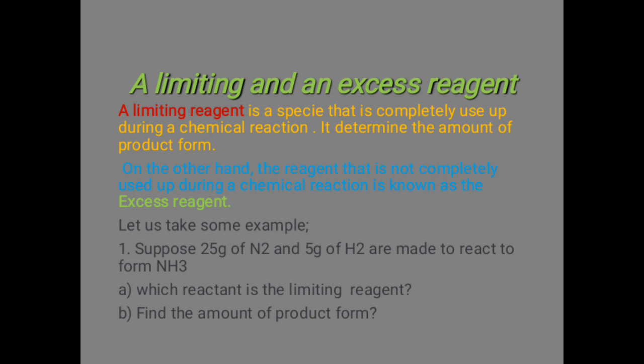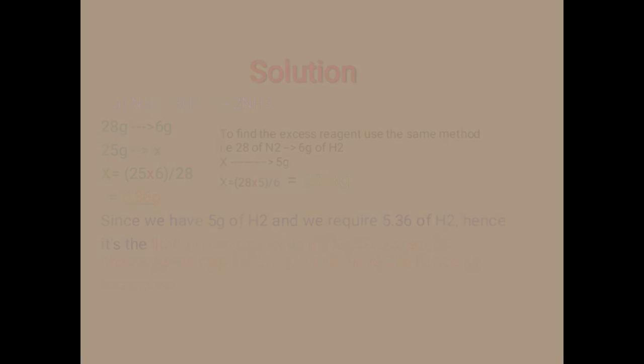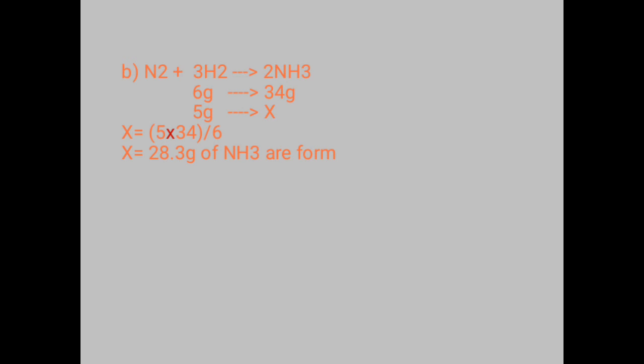B says we should find the amount of product formed. Since hydrogen is the limiting reagent, it will determine the amount of product formed.